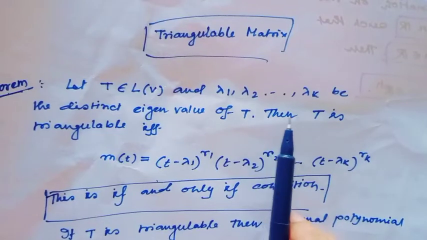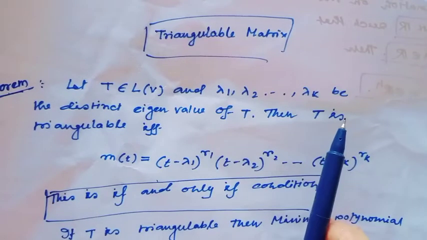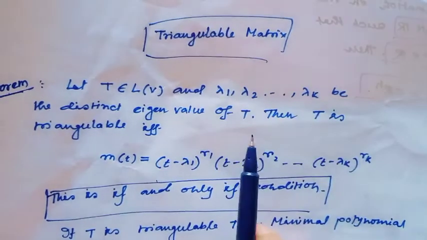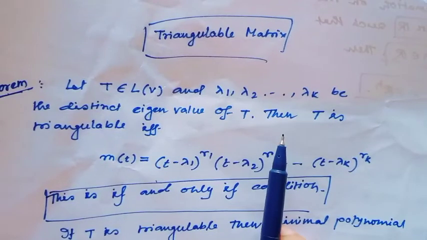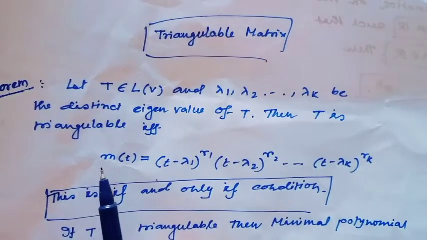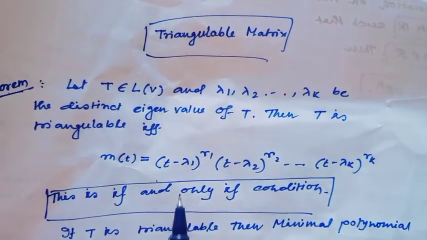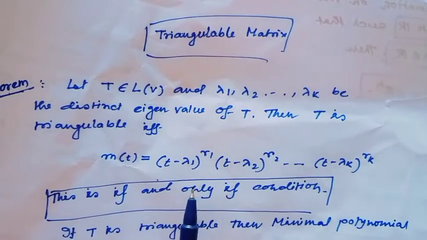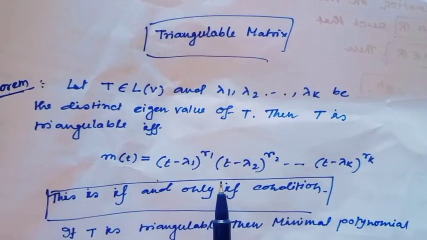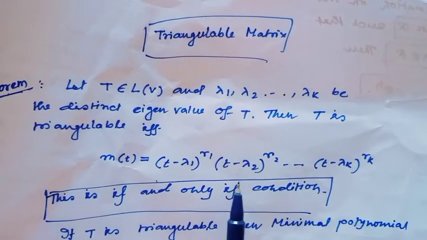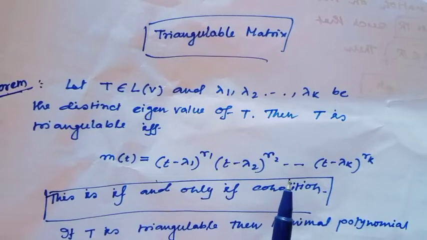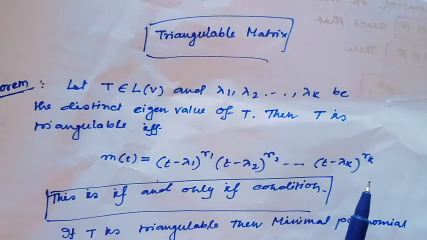If lambda 1, lambda 2, up to lambda k are the distinct eigenvalues of this transformation, then T is triangulable if the minimal polynomial of this transformation is (T minus lambda 1) to the power r1, (T minus lambda 2) to the power r2, up to (T minus lambda k) to the power rk.